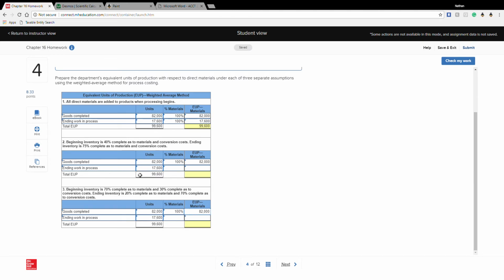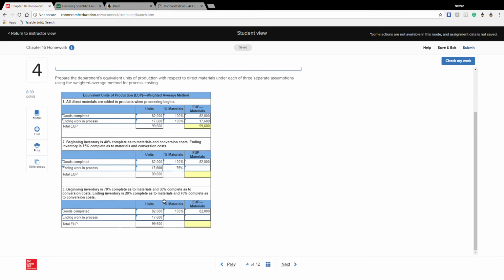So, let's see. Ending work in process. Beginning inventory is 40% complete as to materials. Ending inventory is 75% complete. So we know this needs to be 75%. On this one, beginning inventory is 70% completed as to materials and 30% completed as to conversion cost. Again, that's beginning. We don't have beginning here. We'll only focus on ending. Ending inventory is 20% completed to materials and 70% completed as to conversion cost.